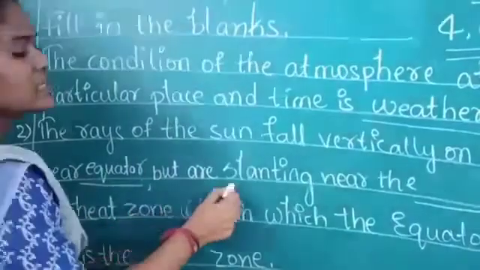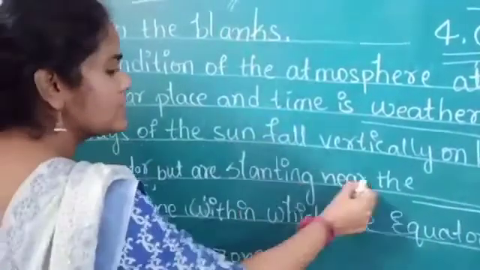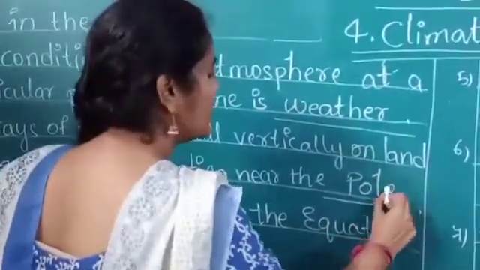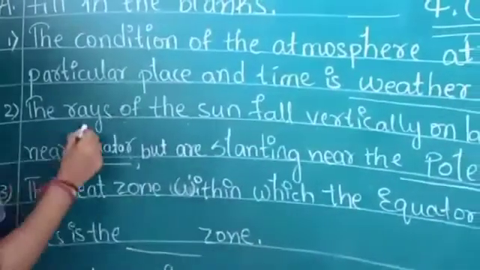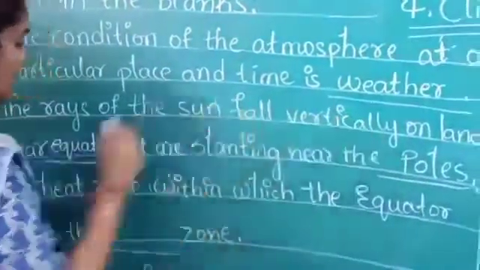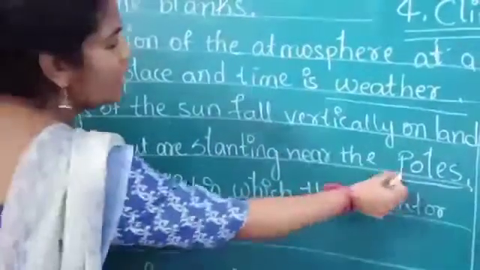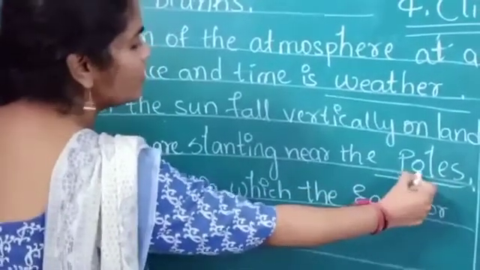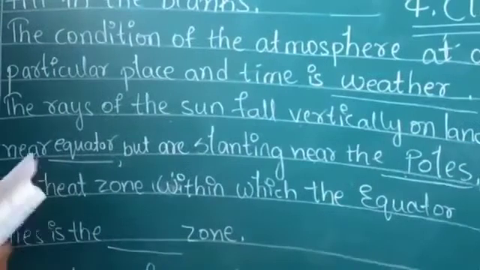But are slanting near the poles. Slanting means like this. They are slanting near the poles, P-O-L-E-S, poles. Now see the third one.